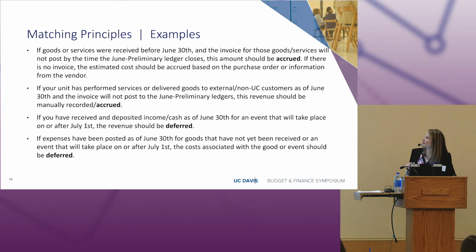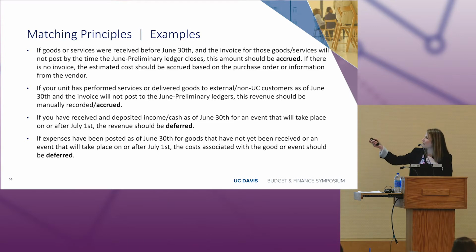The second is these couple of items are about deferrals. So if you've deposited cash, so this is more like a prepaid. So cash has come in, we haven't actually provided the service or done something to earn that revenue, then we need to defer it to the next period because that's when the expense will take place. So from a matching perspective, the revenue and the expense needs to match in the period in which that activity will take place.